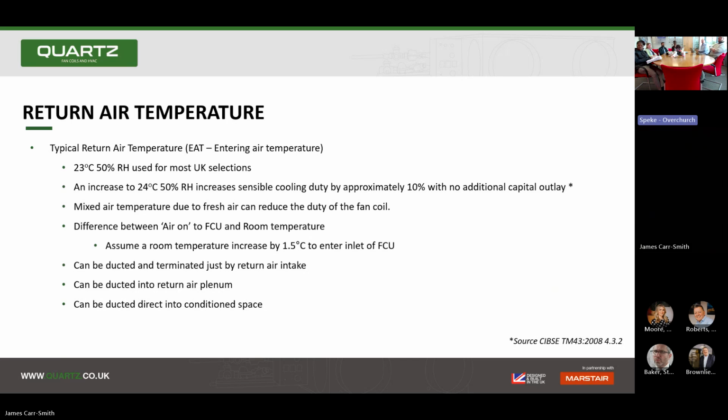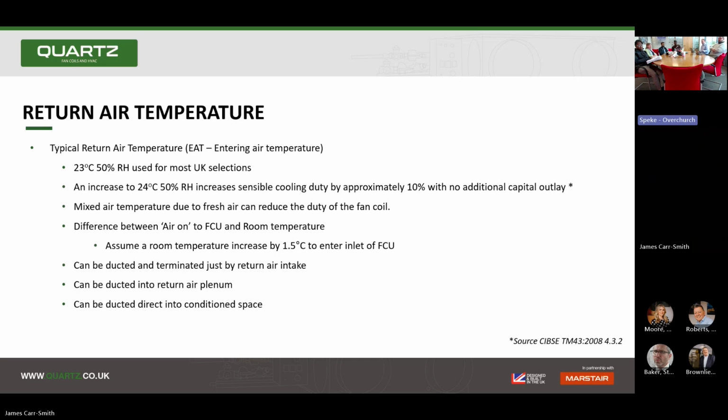In terms of the difference between what we see on spec when we refer to air on or FCU or room temperature, FETA and the HVAC Fan Coil committee publicise on their website that if somebody is talking about a room temperature, then it is absolutely fine to assume between a 1 and a 1.5 degree uplift in that temperature by the time it gets into the back of the fan coil.